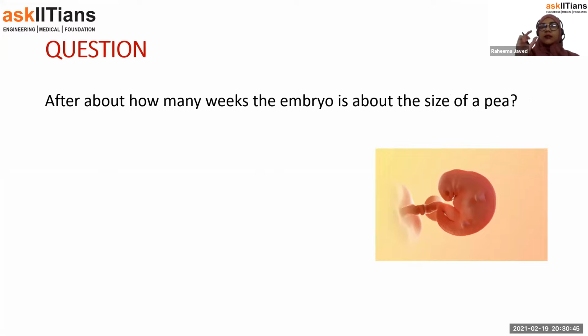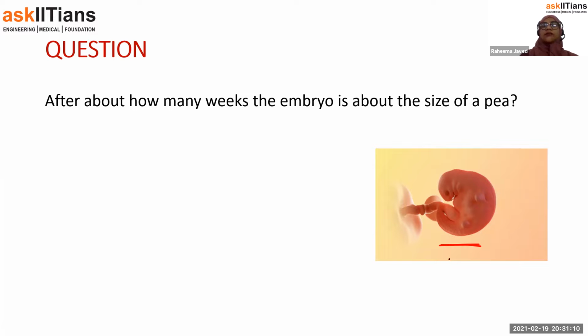This picture shows the size of the embryo, which is about the size of a pea. You have to tell after about how many weeks the embryo is about the size of a pea, which is this.